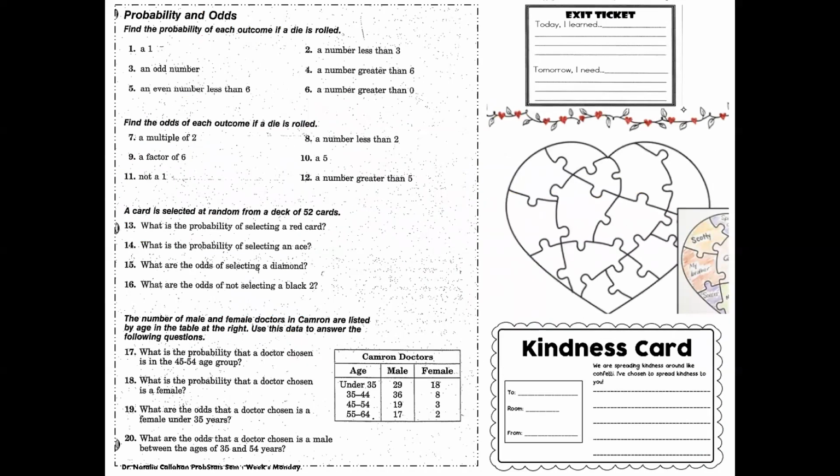It looks like this. You have 20 questions, questions 1 to 20, that ask a selection of questions about odds, when it comes to dice, decks of cards, and interpreting tables. Make sure you show the work on a separate piece of paper.